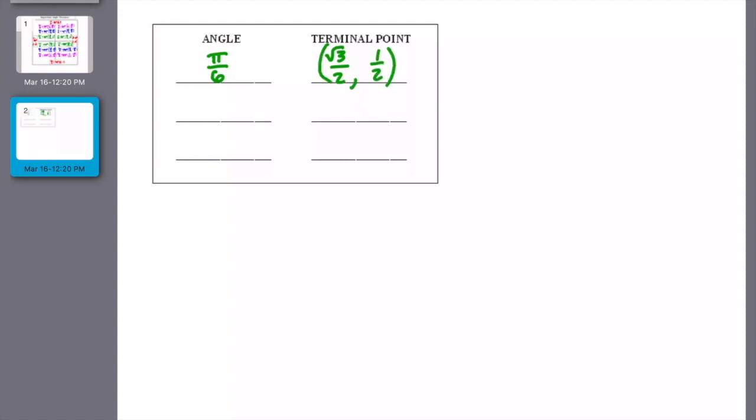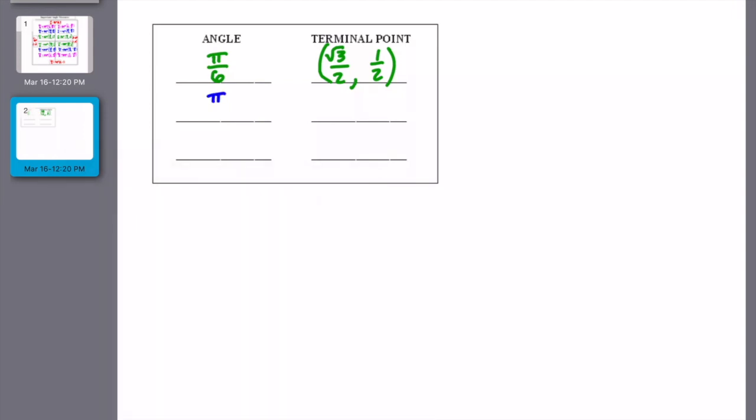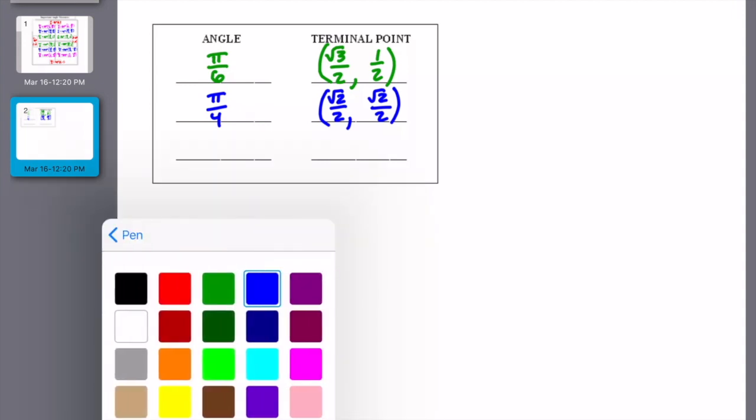For the pi over fours, the terminal point is (root 2 over 2, root 2 over 2), and that's any radian measure with a denominator of 4. Again, those signs could change depending on which quadrant you're in.